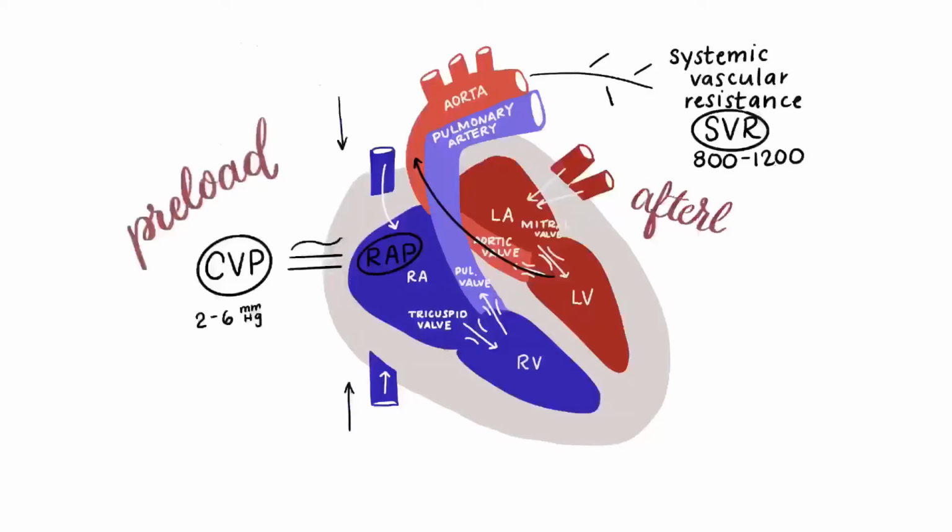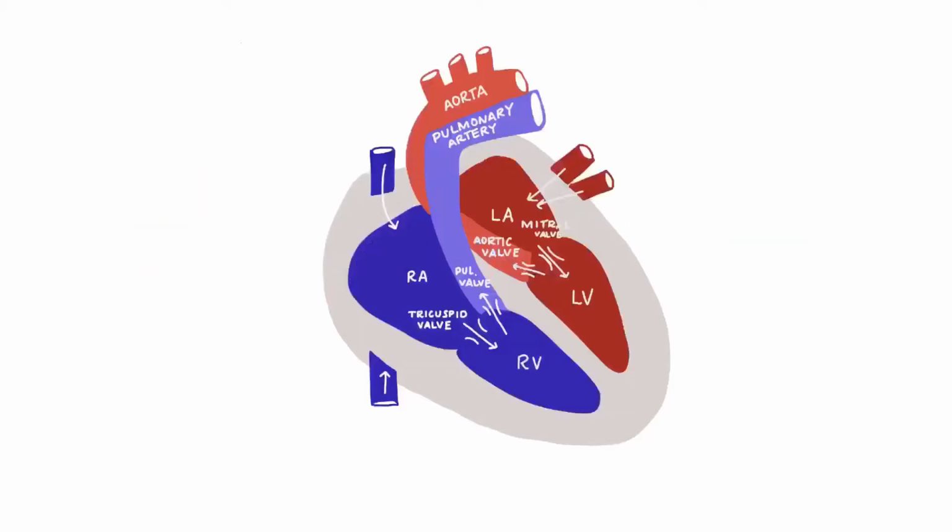As opposed to afterload, which is the stress that the heart has to pump against, and that's roughly associated with that systemic vascular resistance. So while all of the hemodynamic parameters we discussed are important, a physician will often discuss cardiac preload or cardiac afterload when talking about a patient's status in heart failure, because that really helps represent the primary source of the problem and why the heart isn't able to pump effectively.